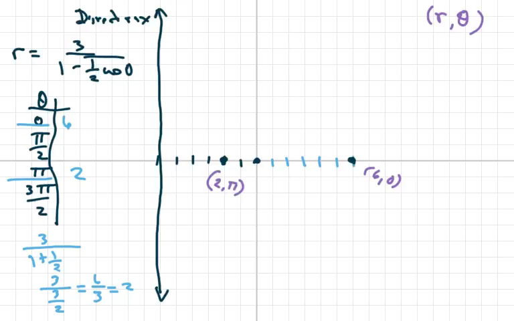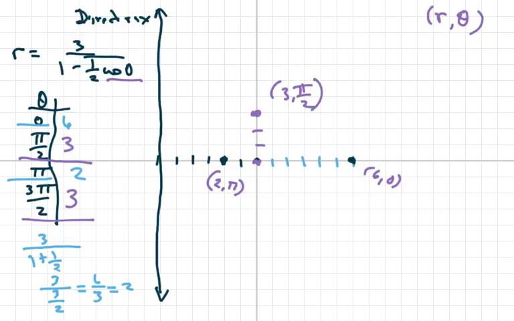Now to get the vertical part, we're going to use pi over 2 and 3 pi over 2. We know cosine of pi over 2 is 0, so we're just going to get 3 over 1, which is 3, and the same thing's going to happen with 3 pi over 2. So at the pole here, I'm going to go up 3 for the pi over 2. So this is 3, pi over 2.